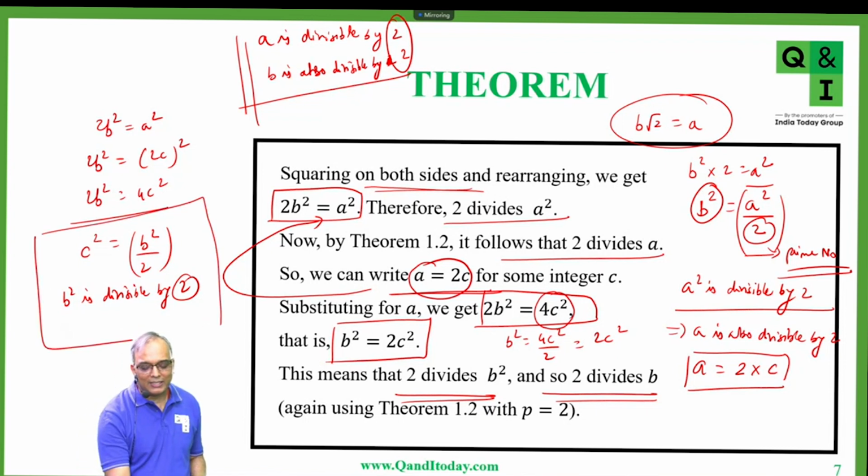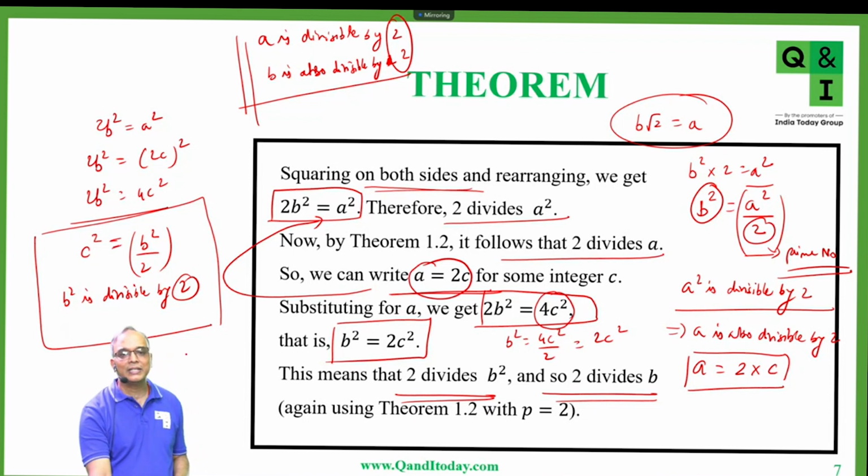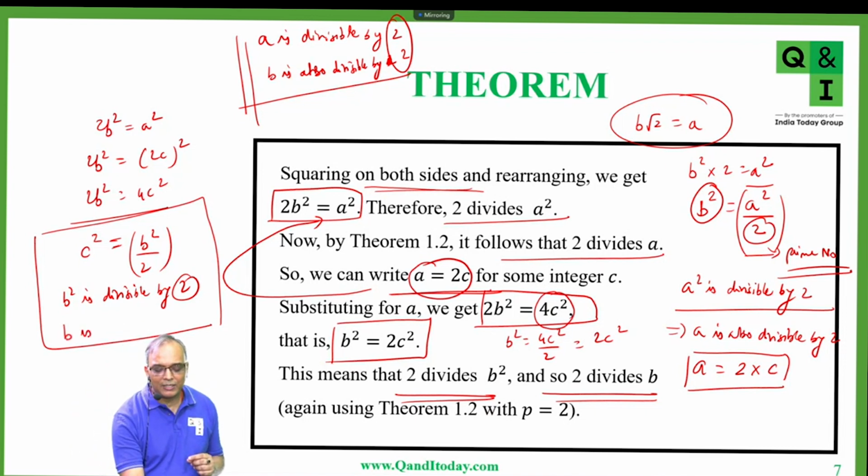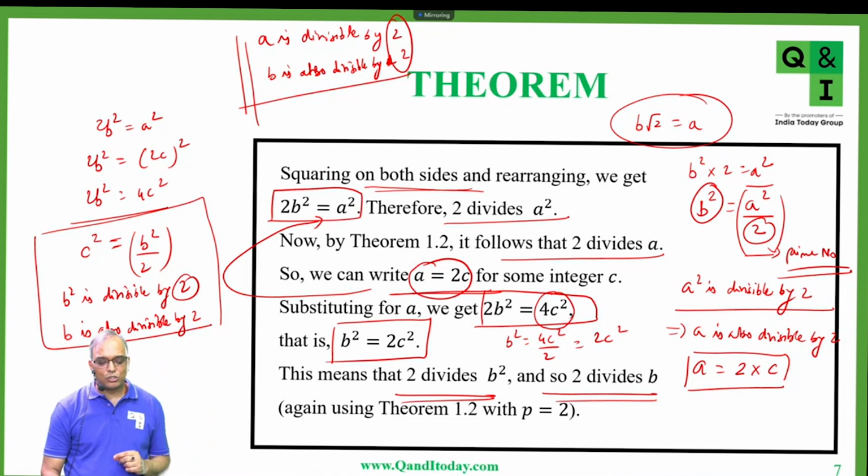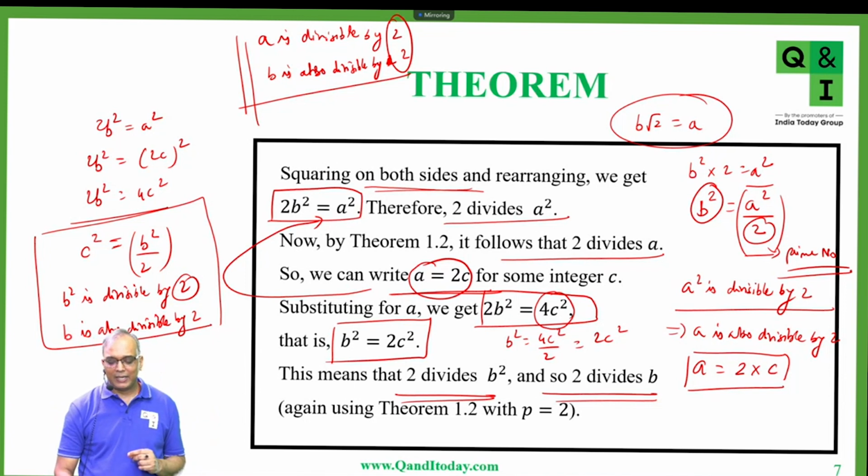Now same thing, since c square is an integer, b square by 2 will also be an integer. Now b square by 2 will be an integer only when b square is divisible by 2. Now when b square is divisible by 2, b is also divisible by 2 using the same theorem 1.2.